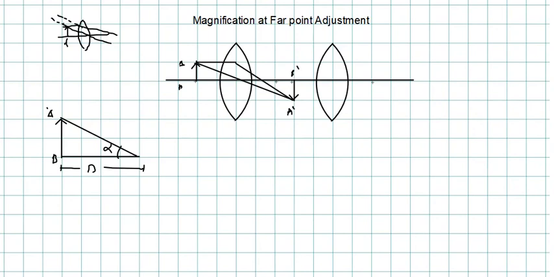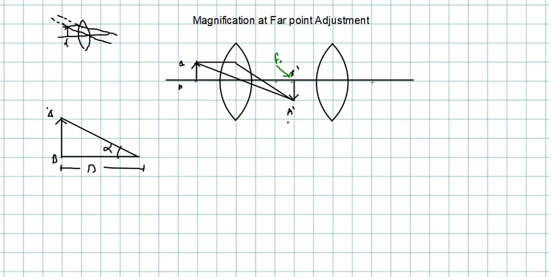Now, in order for the image to be formed at infinity, A prime B prime must be present exactly at the focal point of the eyepiece. So, this must be f of e, and this is f of o. Do not make a mistake here, this is the point to underline.